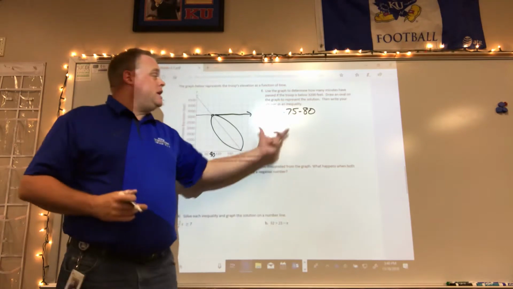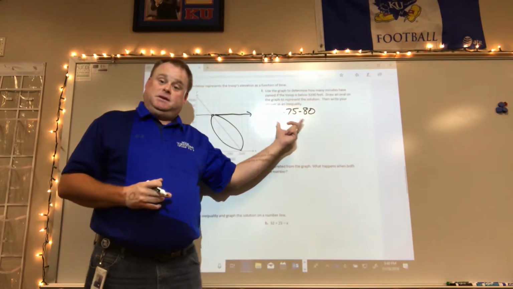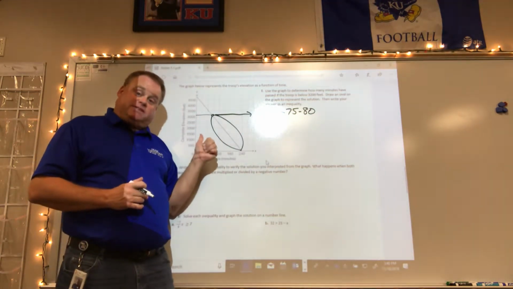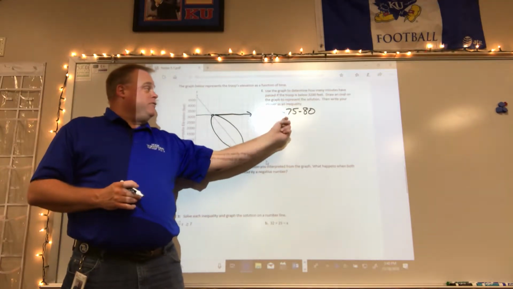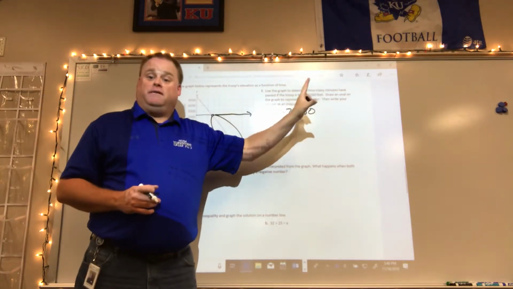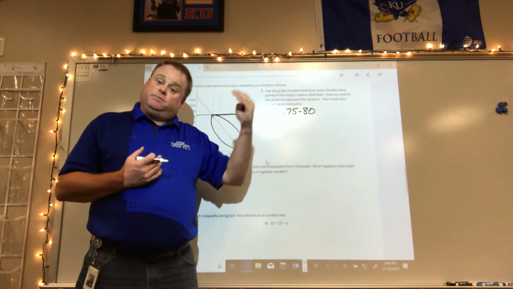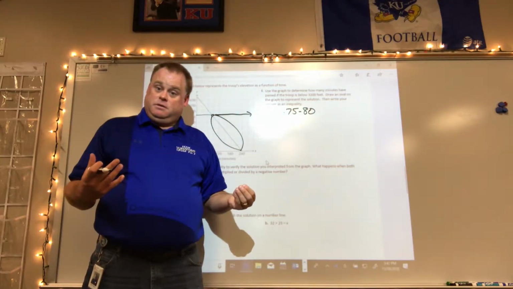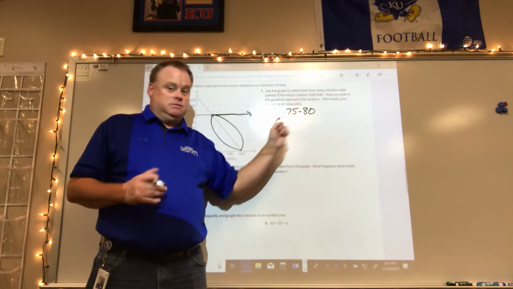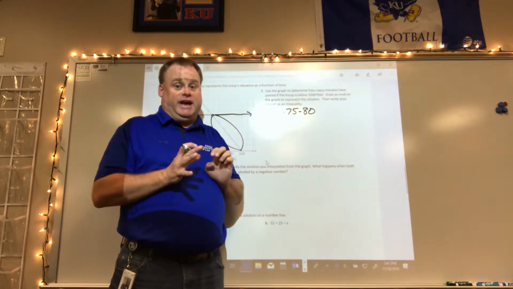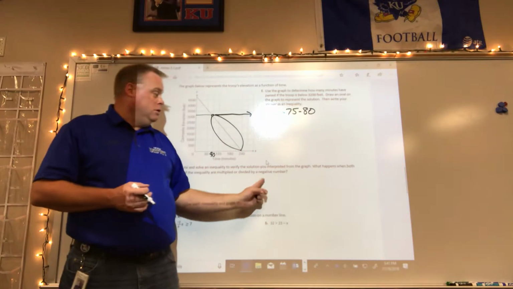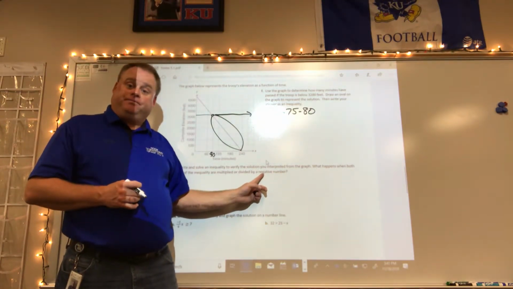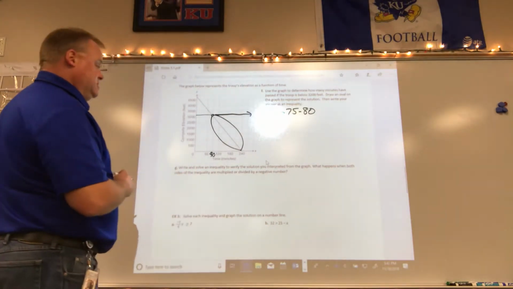Okay? All I'm doing is making an educated guess based on the graph that anywhere from 75 minutes or above, I'm going to be greater to be below 3,200 feet. Everybody understand that? Okay, so this is just a guess, an educated guess, because now we're going to find it algebraically.